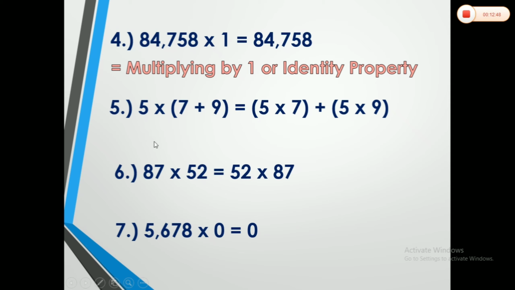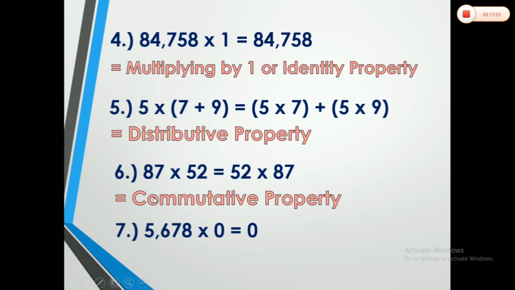What property is this? This property is what we call distributive property, correct? Next one, we can change their position. This one is what we call, yes, correct, commutative property. And the last one, I already have the answer, which is 0. So this one is multiplying by 0.